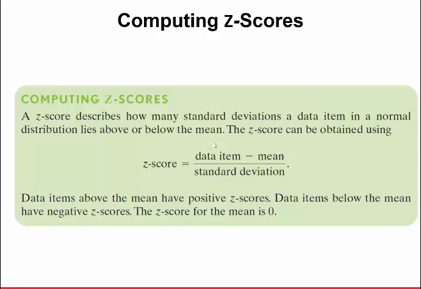Data items above the mean have positive Z-scores, and data items below the mean have negative Z-scores. The Z-score for the mean, whatever the average of a data set is, the average minus the average, well, that would just be 0. So it's just the data item minus the mean divided by the standard deviation.